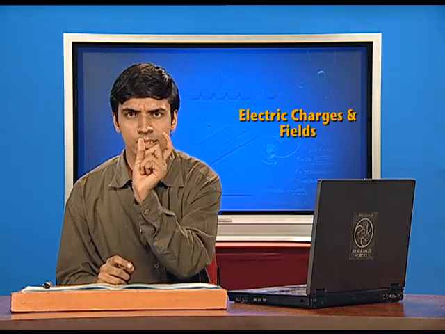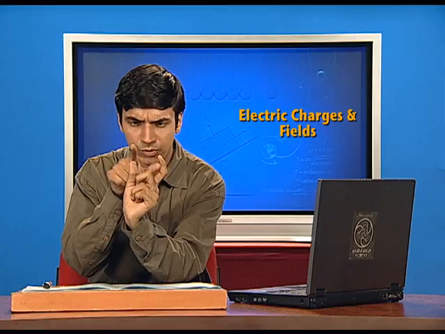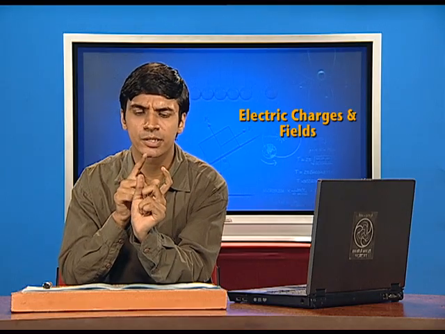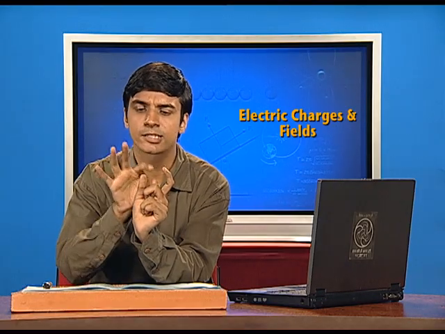So I will take a simple part and say, okay, this is the part here, the volume is like this, and there will be some charges over it. So there will be some charge density, it is delta Q upon delta V. Actually it is that simple.